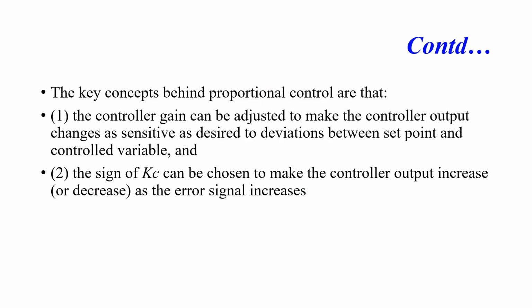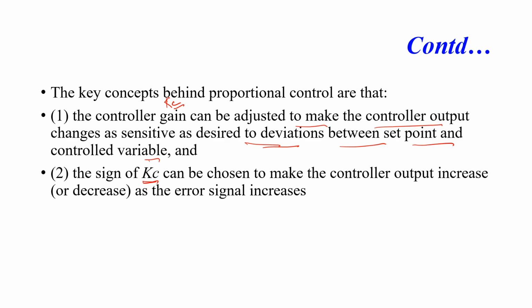Now, what are the key concepts here? How is it going to work? First, the controller gain, that is Kc, can be adjusted to make the controller output changes as sensitive as desired to deviations between set point and control variable. So, first thing is you can adjust the Kc value, and second thing is the sign of the Kc value.